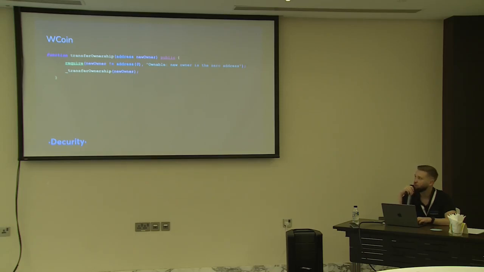This is the snippet of vulnerable code. This is really a simple bug. WCoin is just a simple ERC20 token, which is ownable, meaning that it can be owned by somebody. And in ownable contracts, of course, there is a function to transfer ownership to some other address.